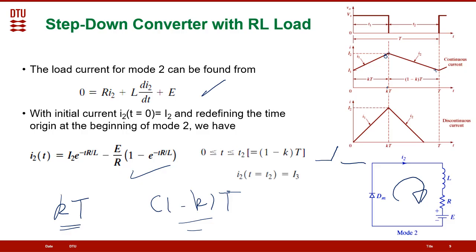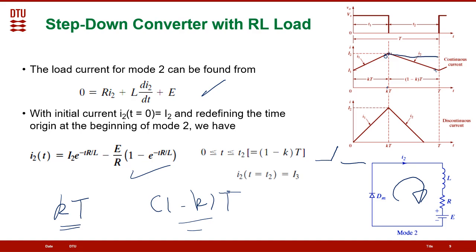Now there is an important concept here. As you can see, the rate of change of the current here depends on the inductor. If you are using a larger inductor, it means a longer time constant. So it means that the inductor will take longer time to discharge.